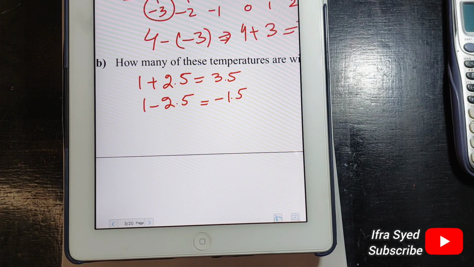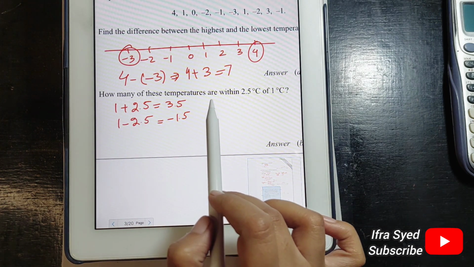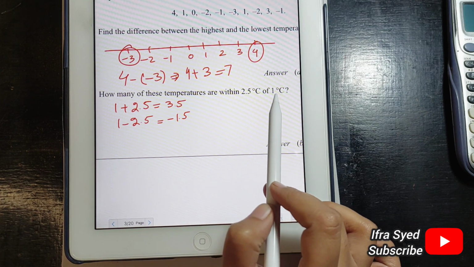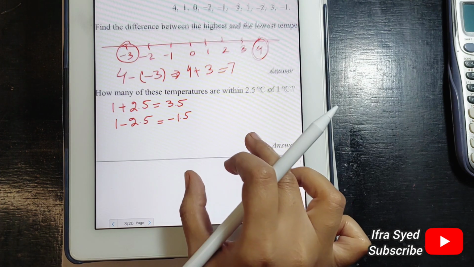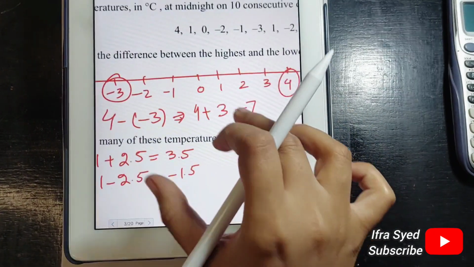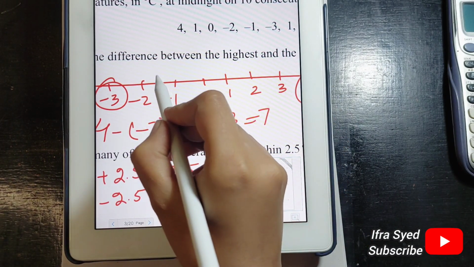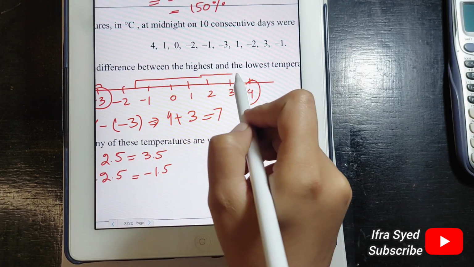So we have to find 2.5 degrees to the right and left on both sides of 1 degree Celsius. So on the number line we have -1.5 here, and we have 3.5 here.